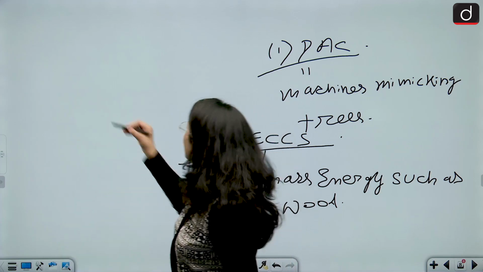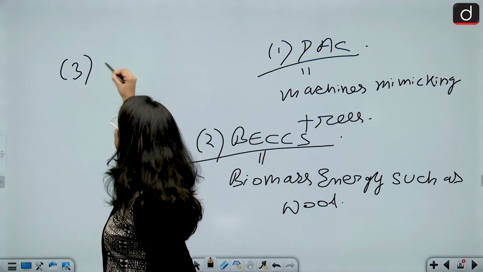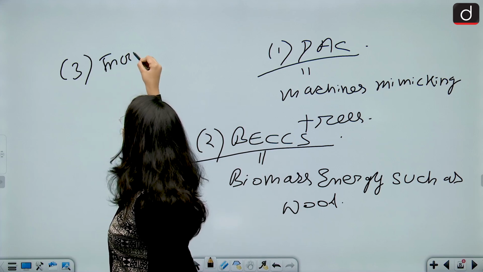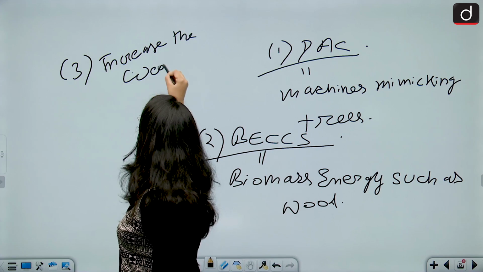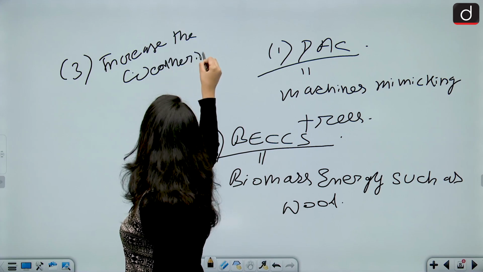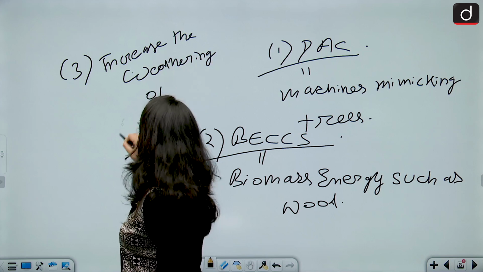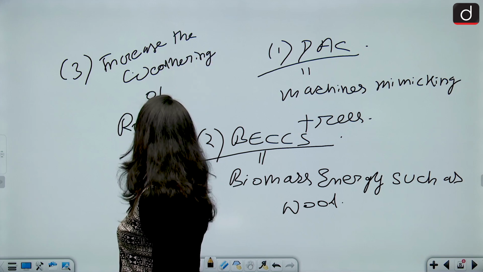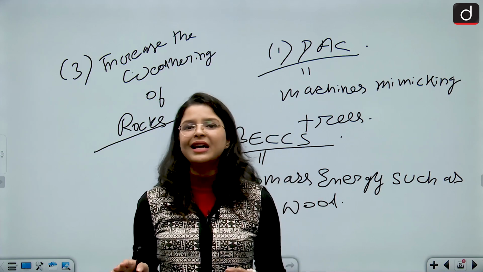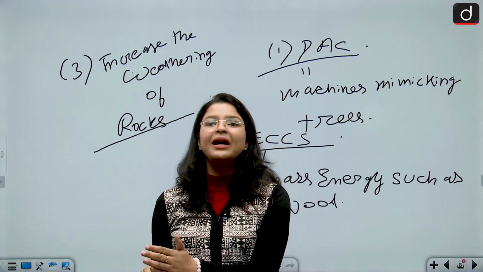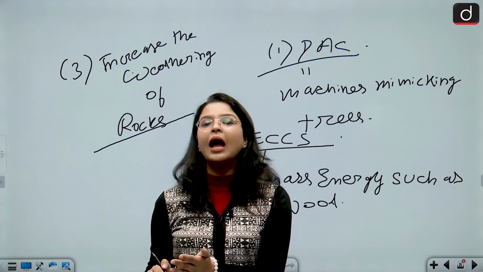Okay, then there are other techniques as well, such as increasing the weathering of rocks. So, what are we doing in the weathering process? You understand that the rocks wither away with time, and natural weathering is a time taking process.